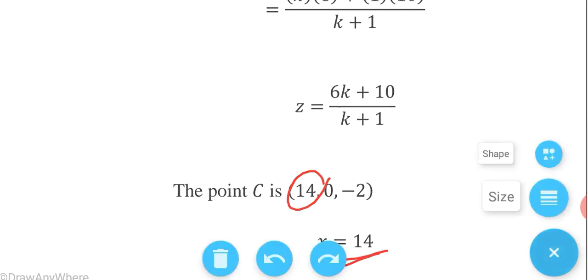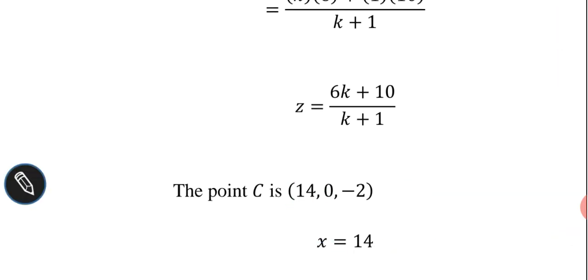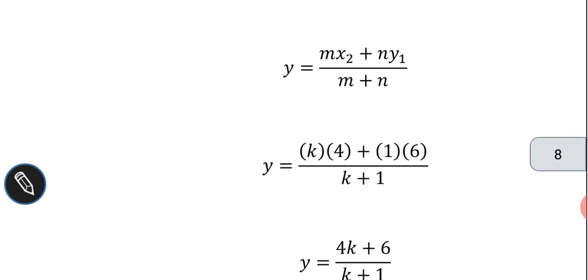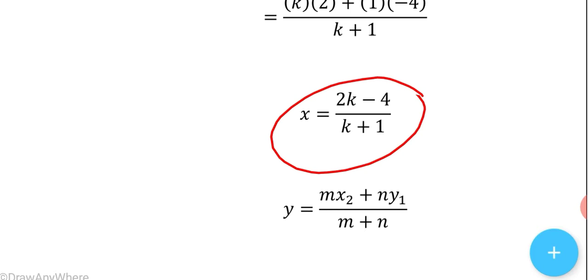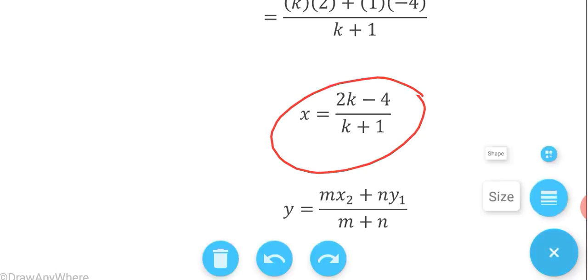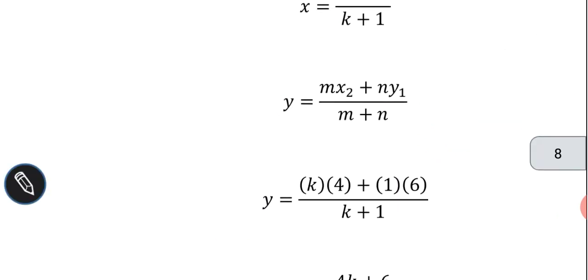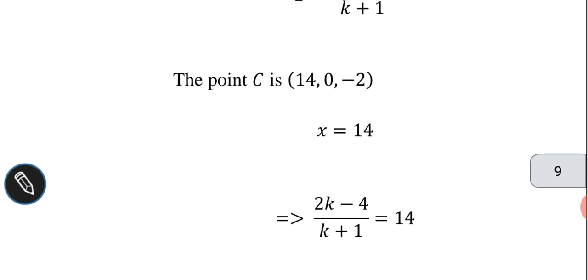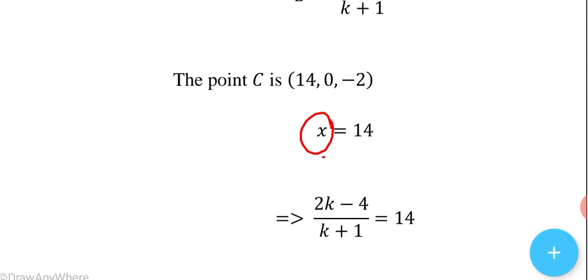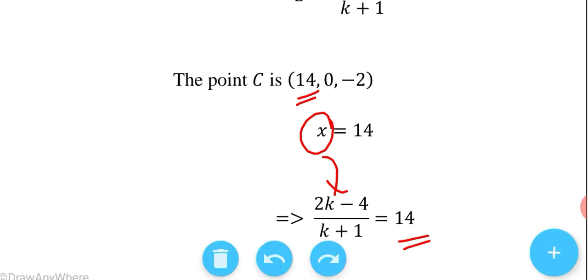So write x equal to 14, but by section formula we have calculated x equal to (2k minus 4) divided by (k plus 1). So put (2k minus 4) divided by (k plus 1) equal to 14, the x coordinate. By equating these two values we can get the value of k.